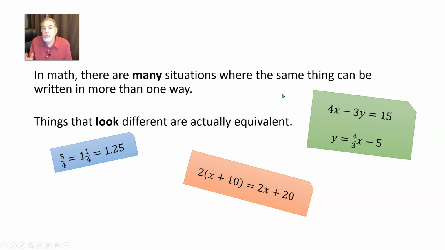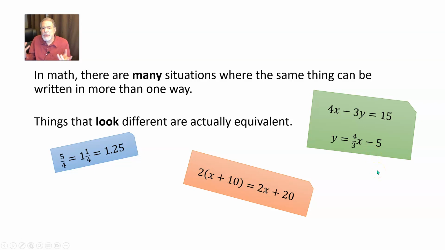Or take the linear equation 4x minus 3y equals 15. That's equivalent to the equation y equals 4/3 x minus 5. You could take the equation on top, and by doing some legal algebraic manipulations to solve it for y, put it into the form of the equation on the bottom there.